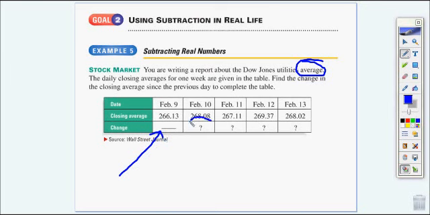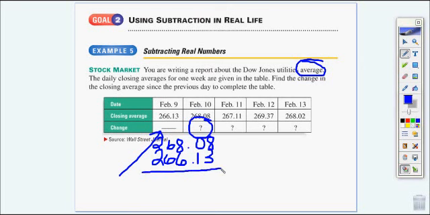But to find this total here, we're going to take the 266.13, and it says find the change. So the change is going to be the difference. I'm going to find the difference between that and 268.08. Now 268.08 is a larger number, so I'm going to put it on top there.